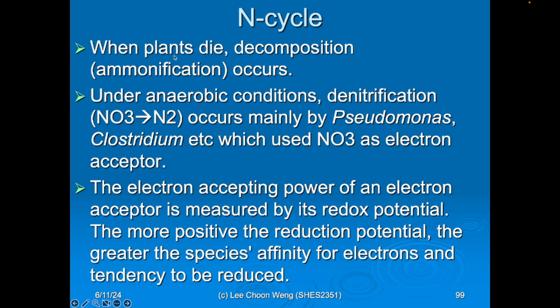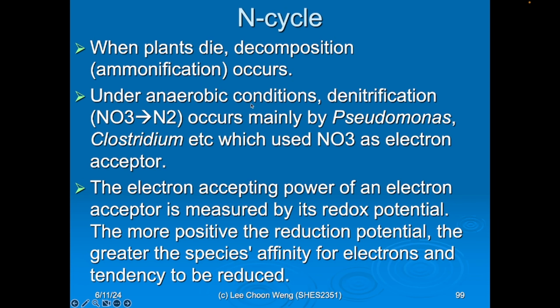When plants and other organisms die, decomposition occurs. Decomposition by bacteria is also known as ammonification because ammonia is released during the decomposition process. So now we have learned N fixation, nitrification, and ammonification.